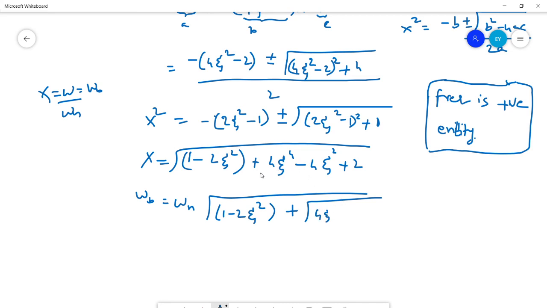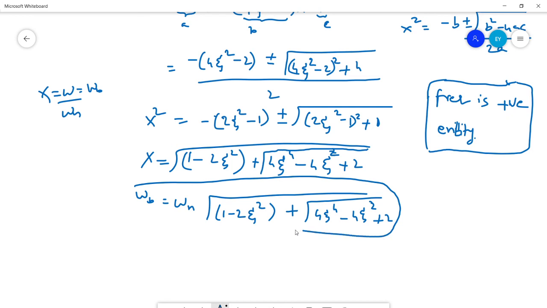Here actually I missed the square root, there is a square root here. Zeta power 4 minus 4 zeta square plus 2. So this is the expression for the bandwidth, right?